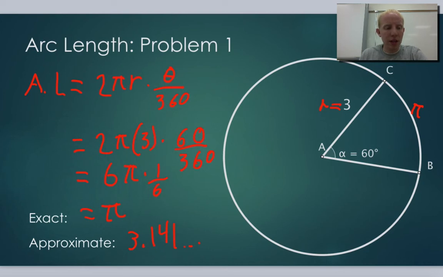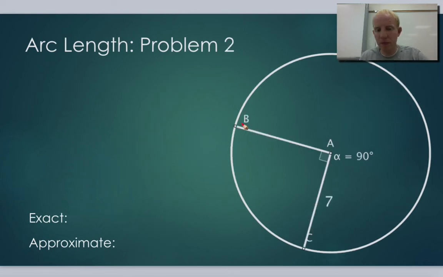Alrighty, let's look at another example. In this example, we're trying to find the distance of this arc right here along the outside of the circle. We know that the angle is 90 degrees, and we know that the radius is 7. So we pull out our formula. The arc length is equal to 2 pi r times the angle over 360.